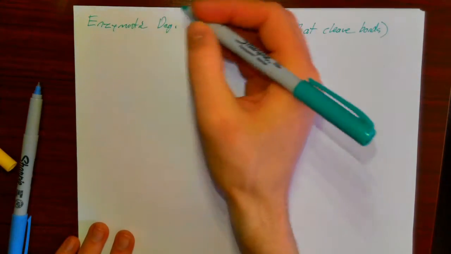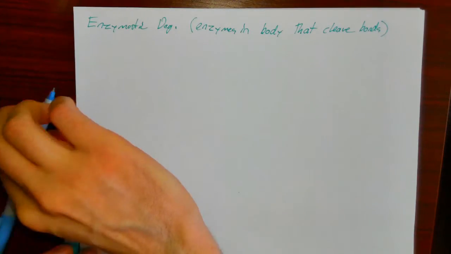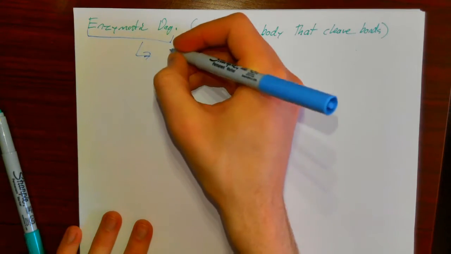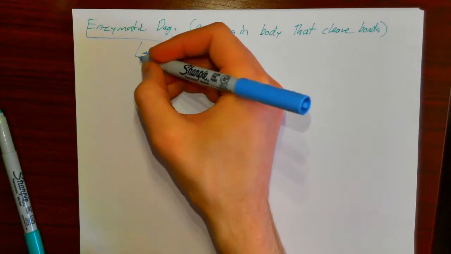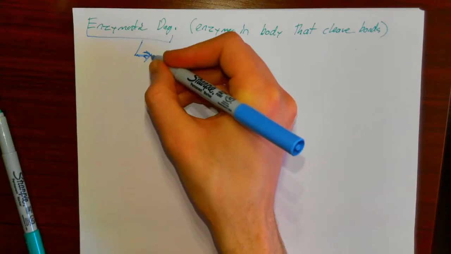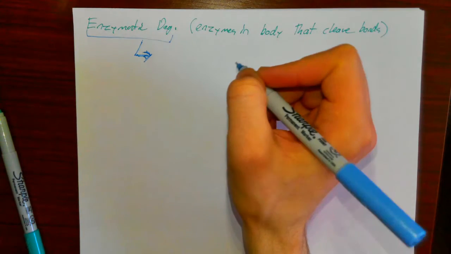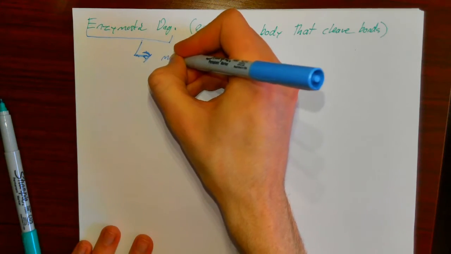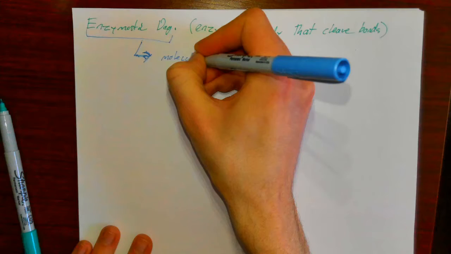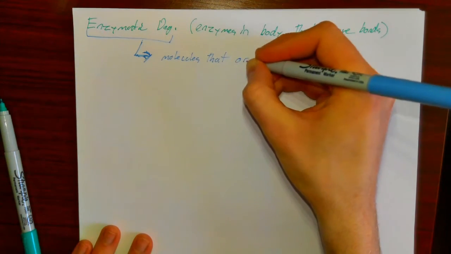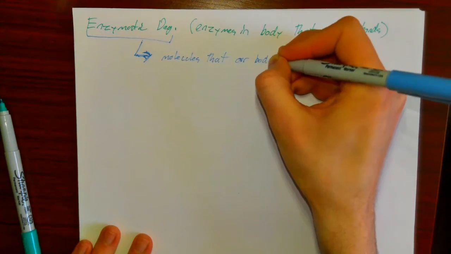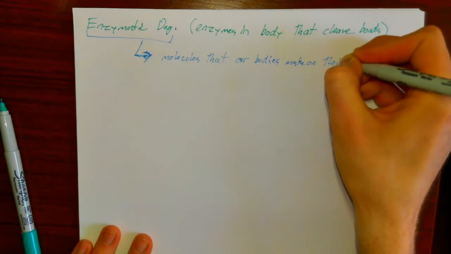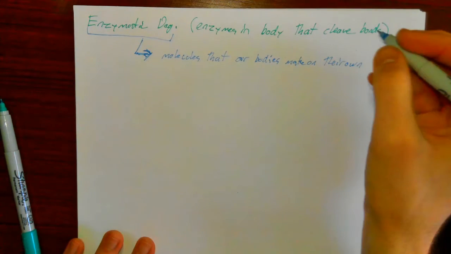A general principle is that things that degrade via enzymatic degradation are biopolymers, or things similar to biopolymers, molecules that our bodies make on their own, or similar.